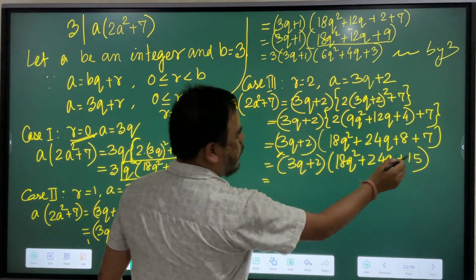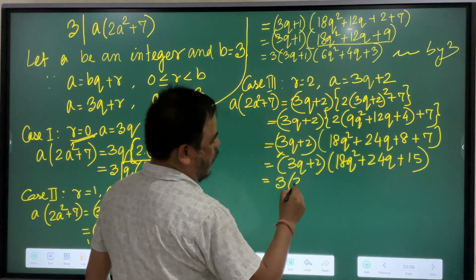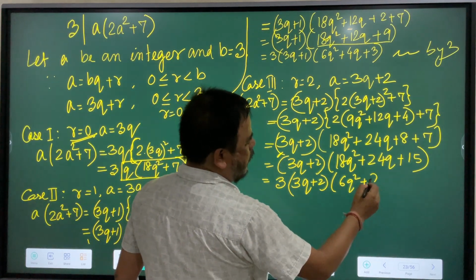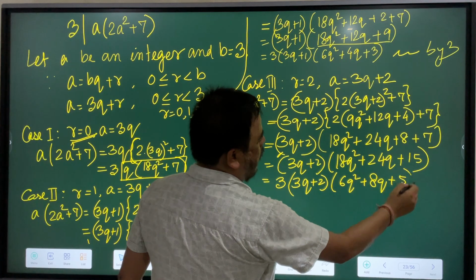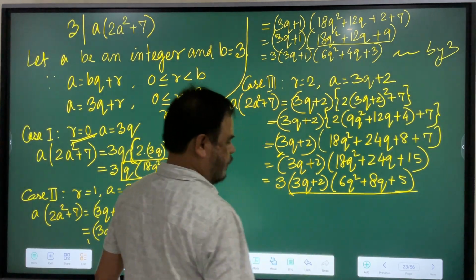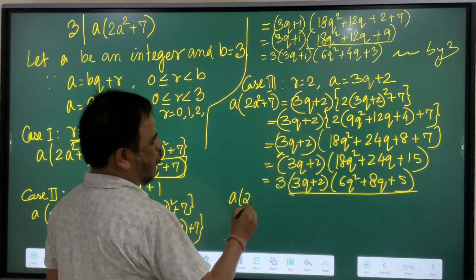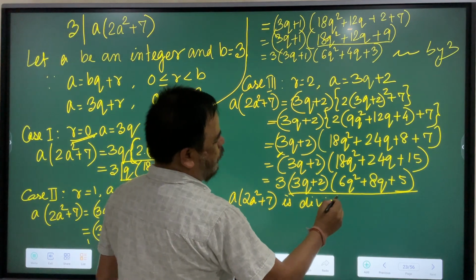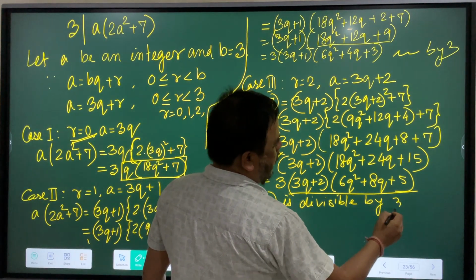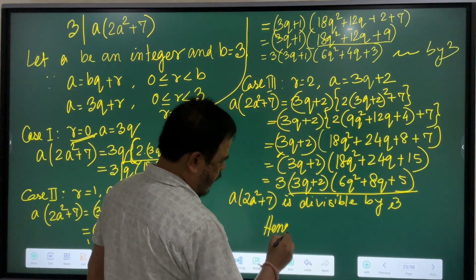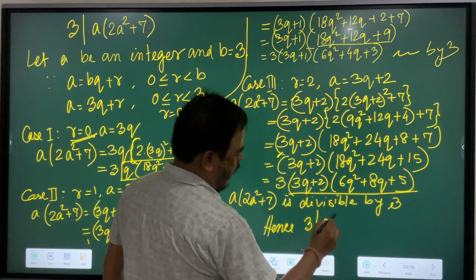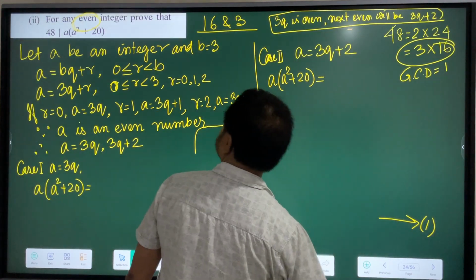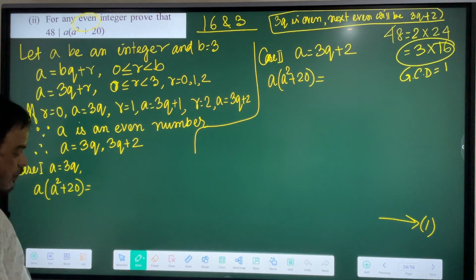Now from these 3 terms we can take 3 common: 3 sixes 18, 3 eights 24 and 3 fives 15. So it is 3 into something. So a into 2a square plus 7 is divisible by 3. Hence 3 divides a into 2a square plus 7. I hope you understand. Same thing here, same type of sum.